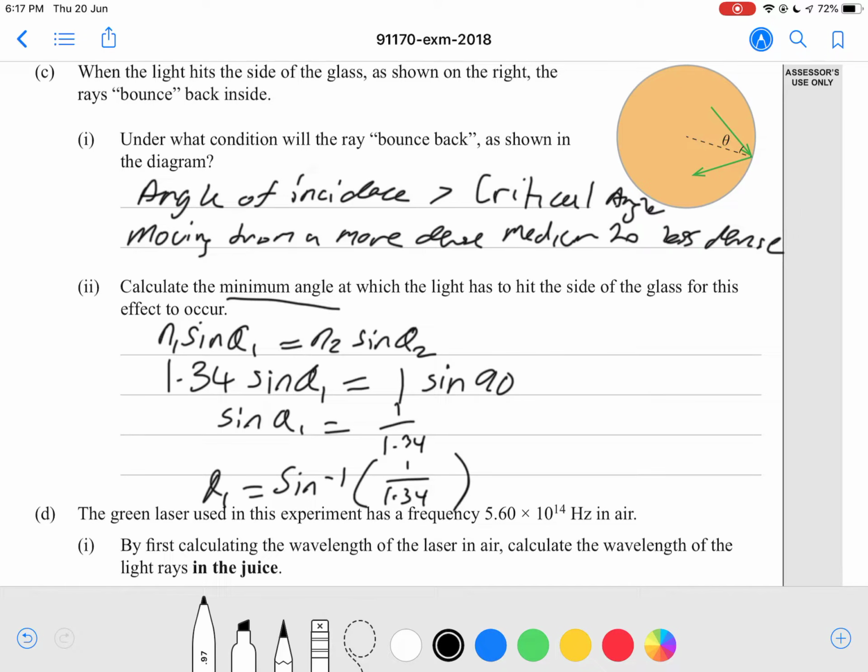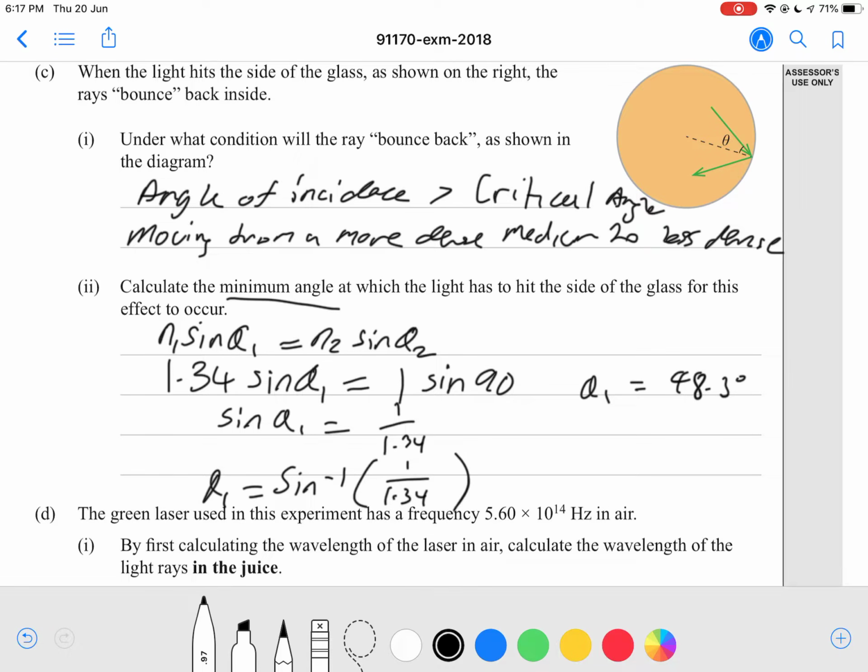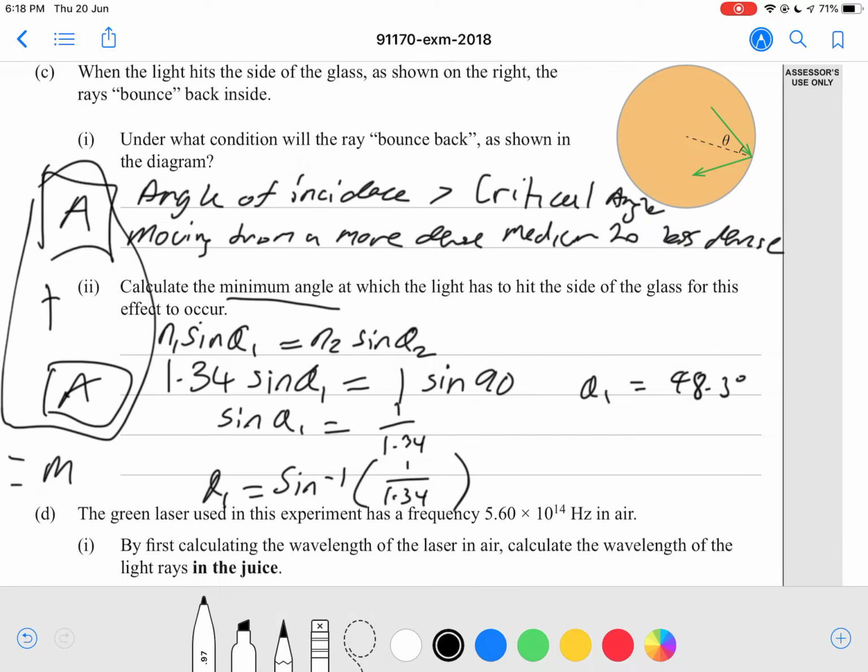If you plug this into a calculator, you should get an angle of incidence of 48.3 degrees. Getting your correct statement plus your correct calculation will get you a merit grade. But just getting any one of these will get you an achieved.